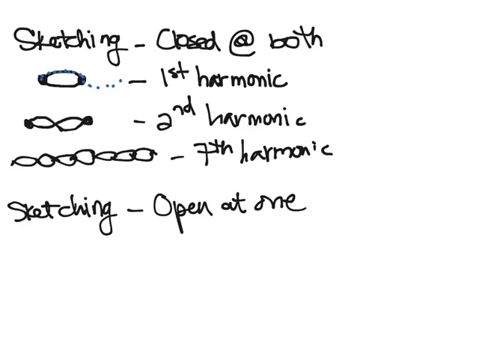Okay, so the first harmonic, if something is closed at both ends, is 1/2 of a wave. The second harmonic, it goes up and down, so that's 1 wave. And the 7th harmonic is 1 wave, here's a second wave, here's a third wave, and a half. So we have 3.5 waves.